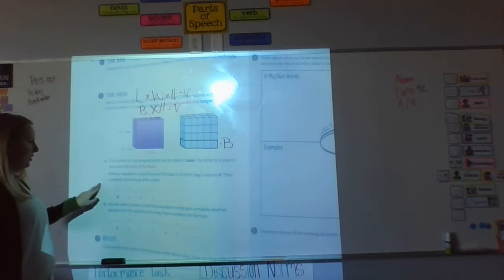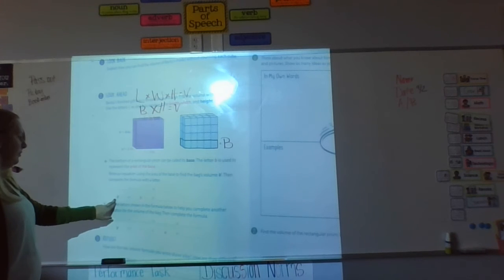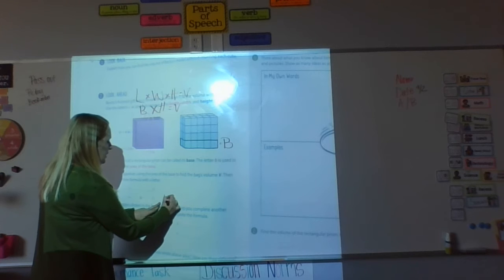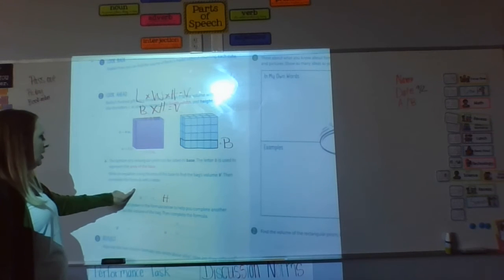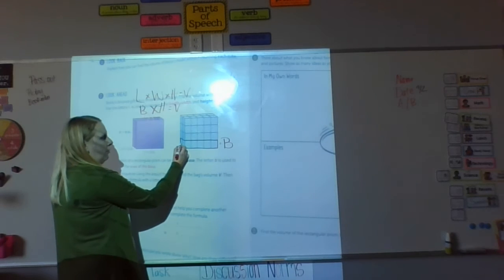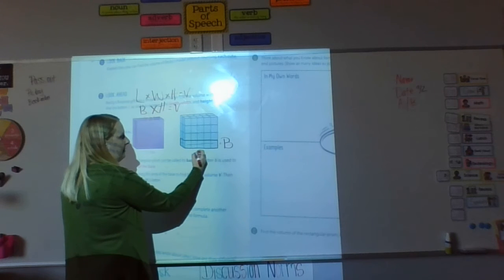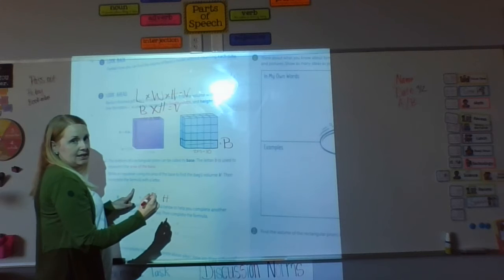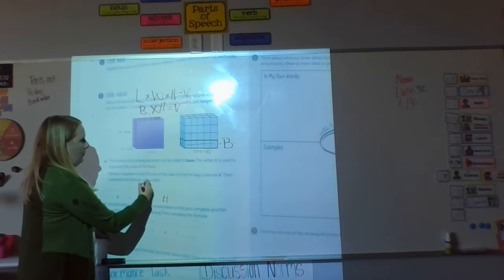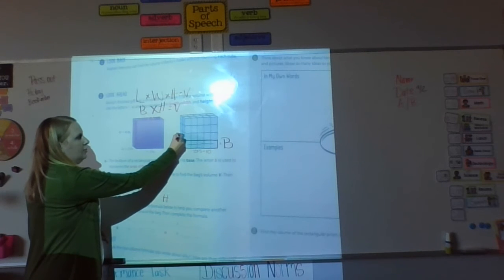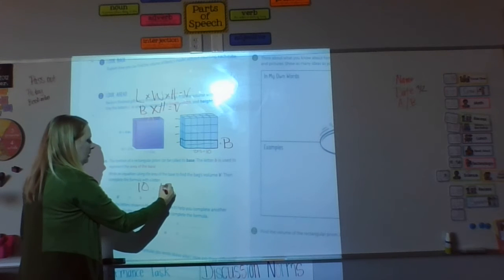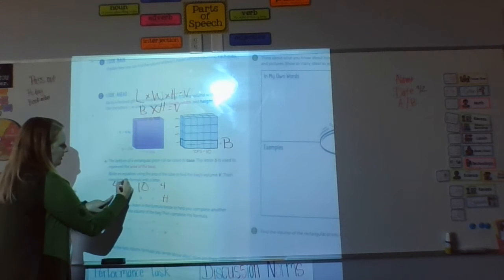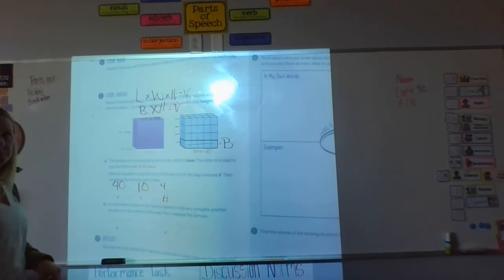Then complete the formula. Volume equals base times height. What's my base? Well, we got 2, and then we got 5. So we know our base is 10. And what's our height? Let's count them: 1, 2, 3, 4. And we know that 4 times 10 is 40.